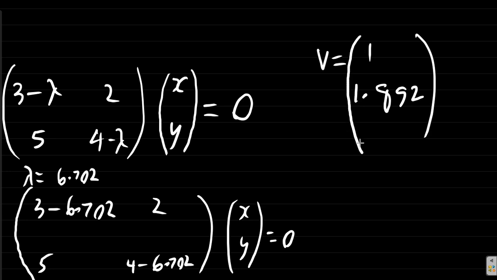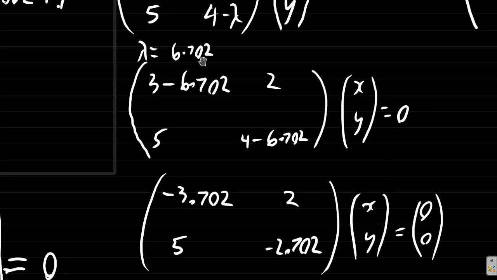That is when lambda equals 6.702. This is what happened. Alright? See that? Now let's use the other lambda and see how it goes.